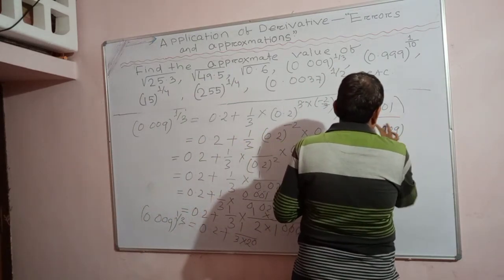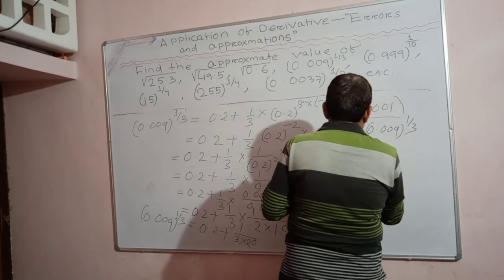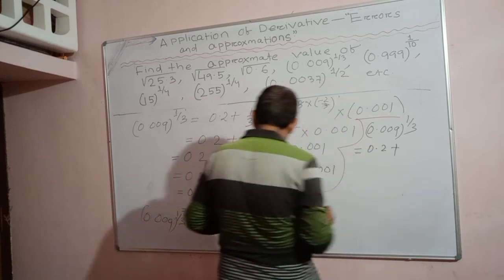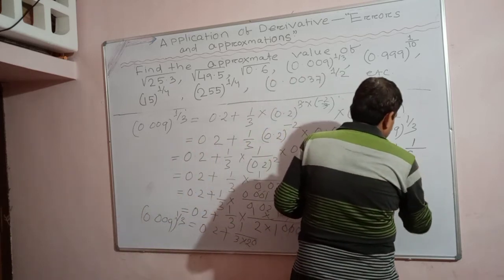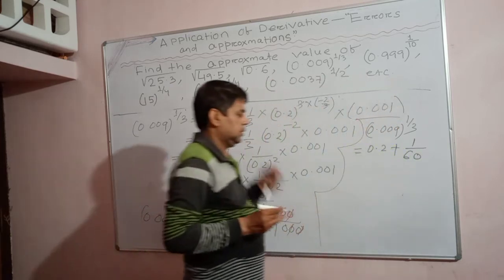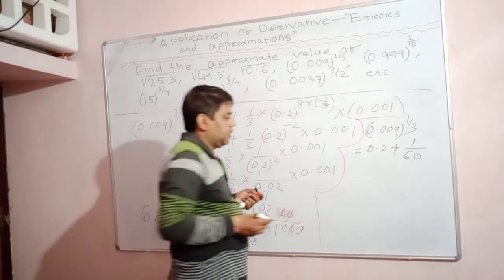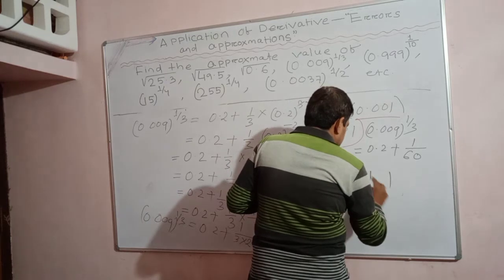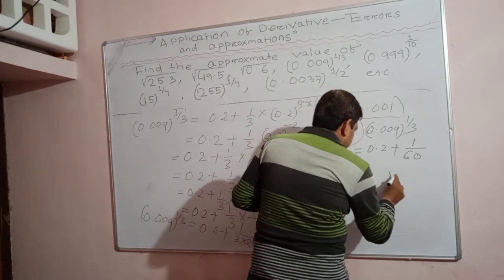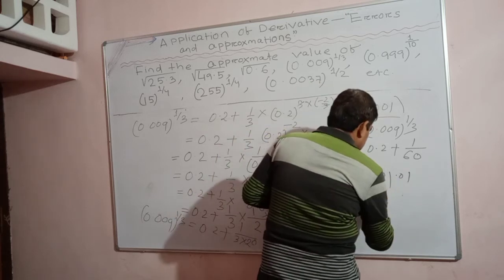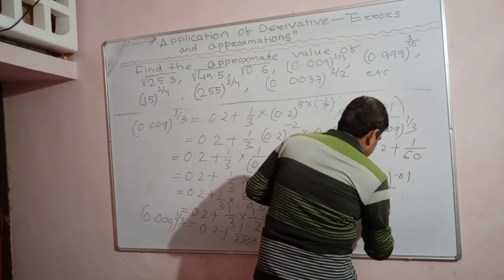So next, 0.009 whole to the power 1 by 3 is equal to 0.2 plus, you see now, 1 by 60. Okay, let us divide 1 by 60. 0.0, again 10 and again 0. 6 into 1 is 6, 10 minus 6 is 4.